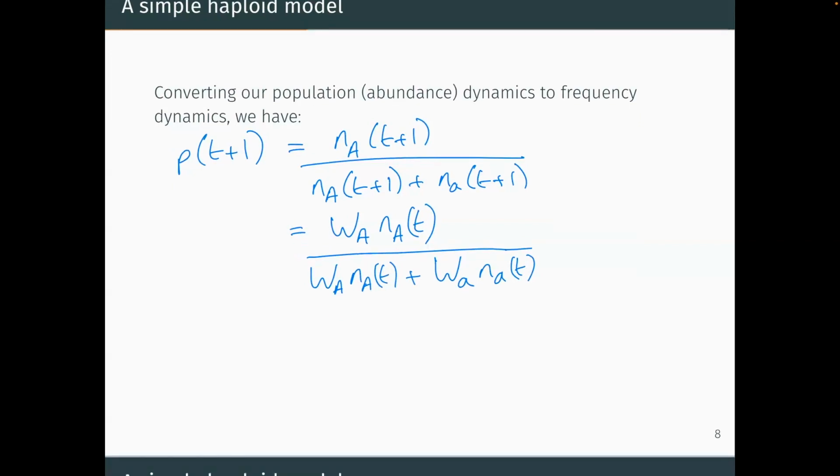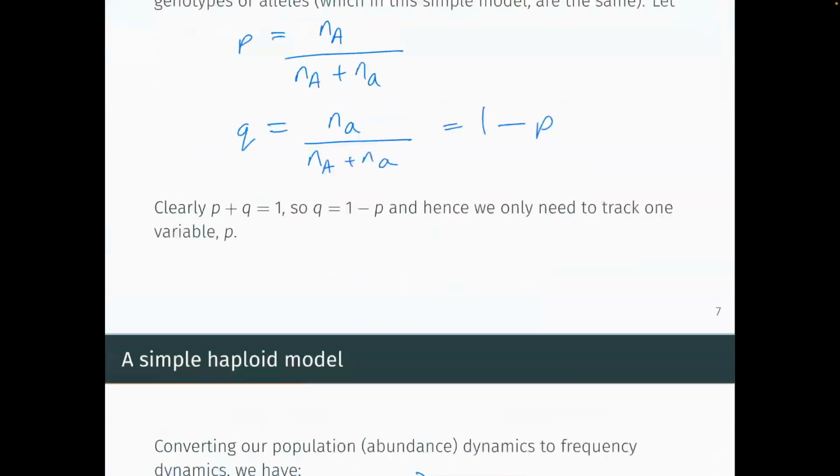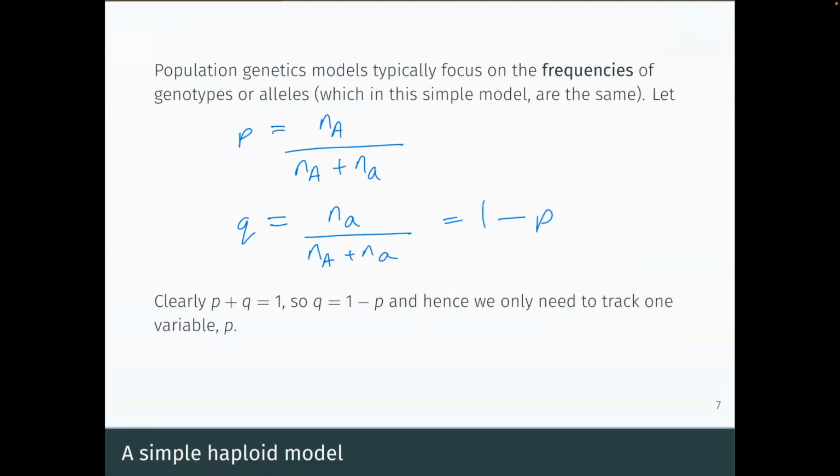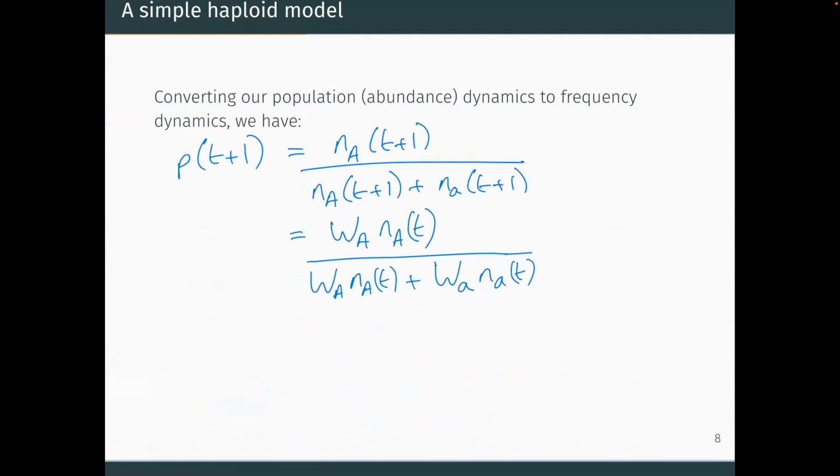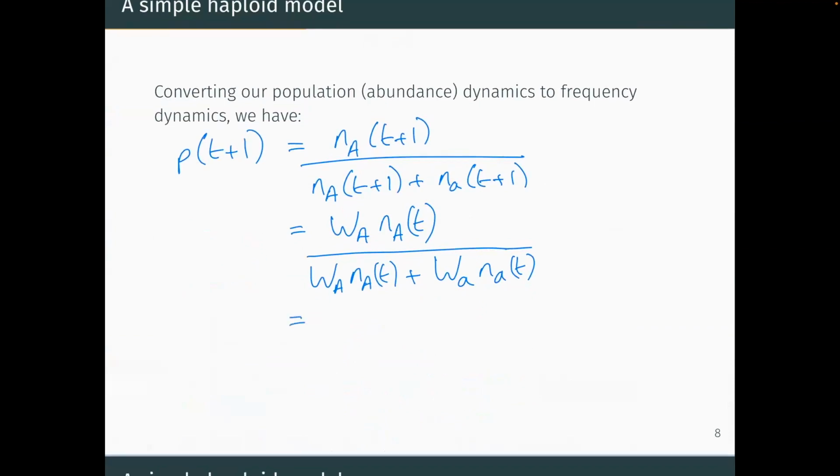Okay, what do we have now? Well, if we use this slide here and divide throughout by the total population size, we're going to be able to convert this to frequencies. So if I divide top and bottom by our total population size, so n sub capital A at time t, likewise n sub little a at time t, if we add those two things together, divide throughout by that, we're not going to be changing this fraction at all, but we'll be turning it into something in terms of our frequencies.